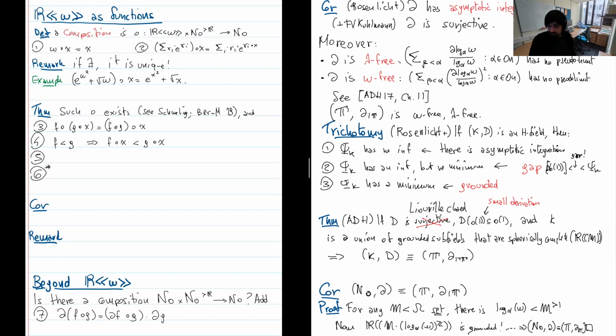It's analytic in the sense that f of x plus epsilon is equal to f composed with x plus the derivative of f composed with x times epsilon, plus the second derivative of f composed with x times epsilon square over 2, etc. So you get a Taylor series, at least when epsilon is sufficiently small. Sufficiently depends on f, so there's a sort of convergence radius for these expressions.